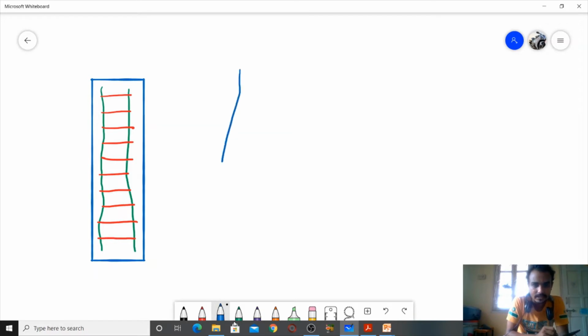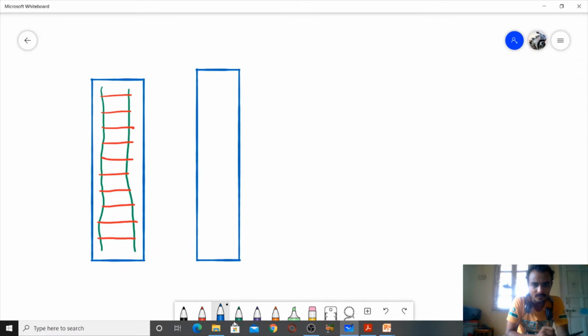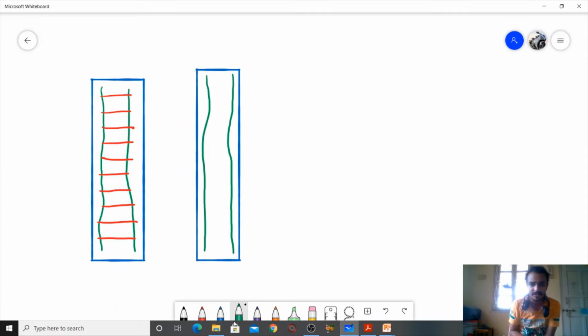Second, we have a spiral column. In a spiral column we have longitudinal reinforcement, but the tie looks like this, in a spiral shape.